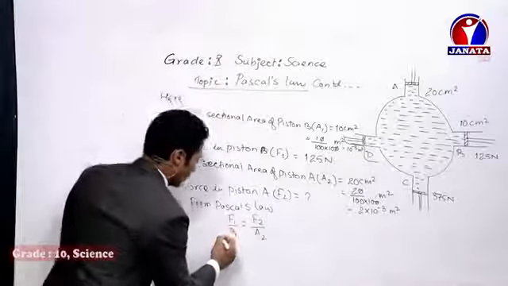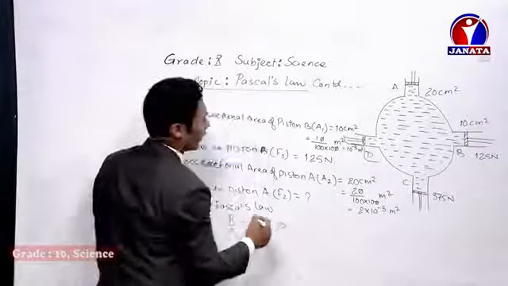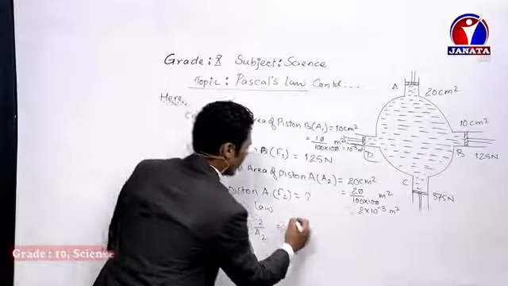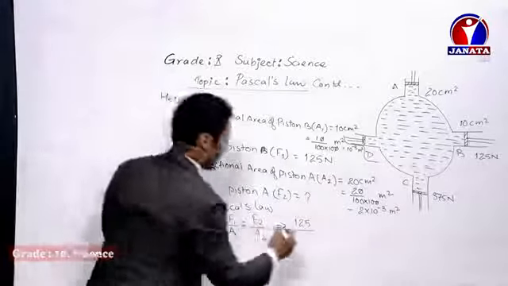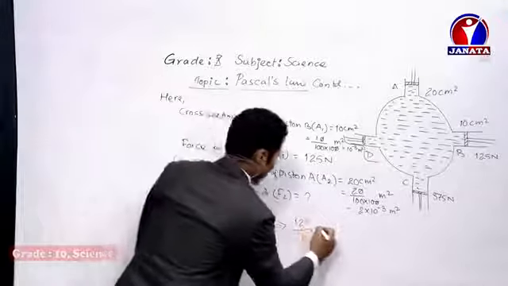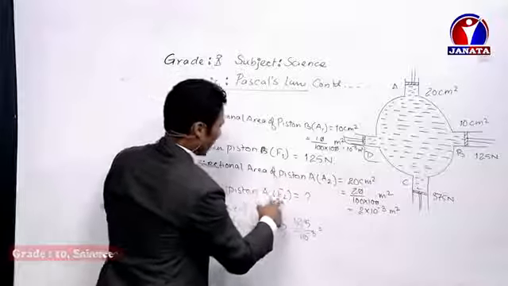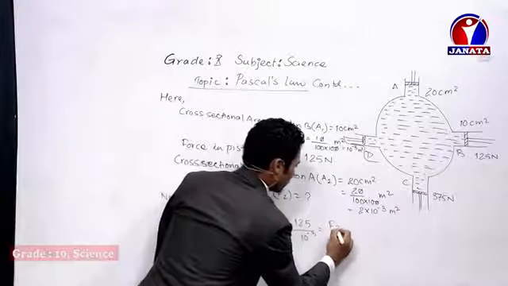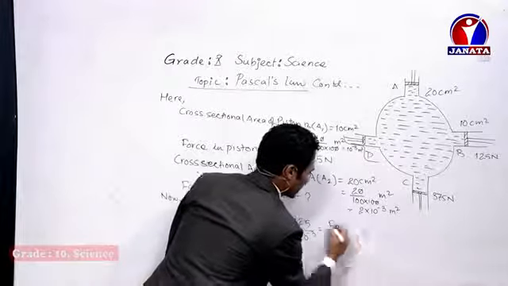So let's put in the values. F1 is 125 Newton, and A1 is 10 to the power minus 3, right? And F2 we need to calculate, and A2 is 2 into 10 to the power minus 3.